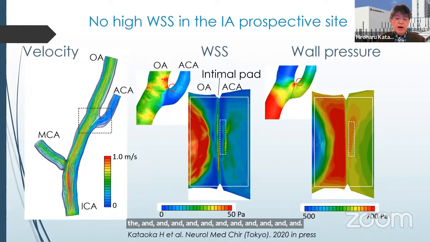In general, high wall shear stress is related to aneurysm occurrence, but in this model, there is no high wall shear stress area around the aneurysm prospective site. At least, we cannot explain the occurrence of aneurysm by wall shear stress in this model.